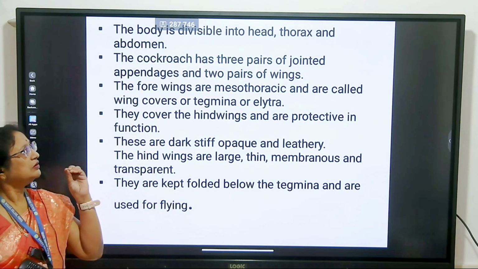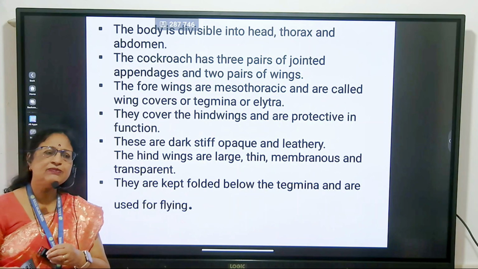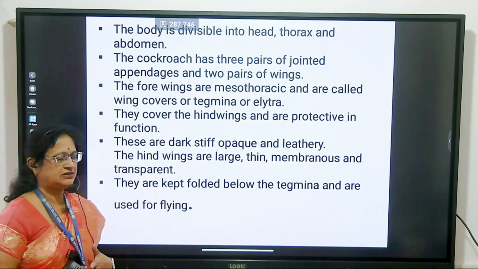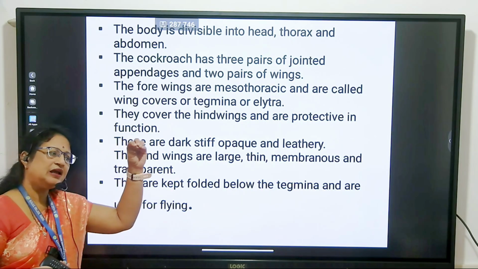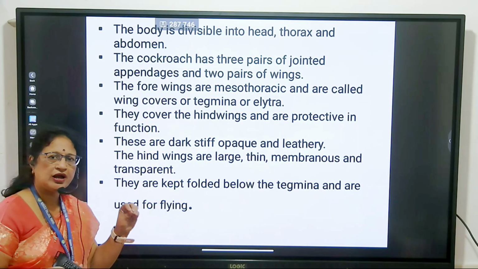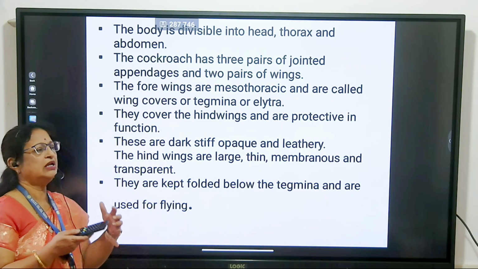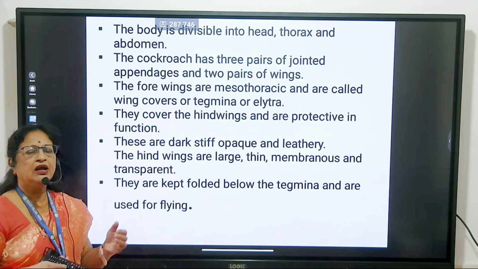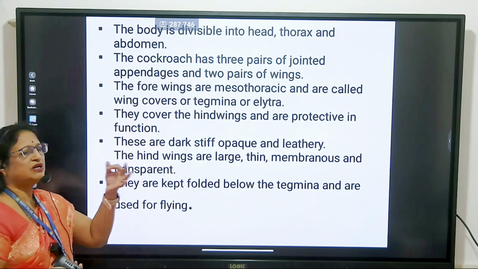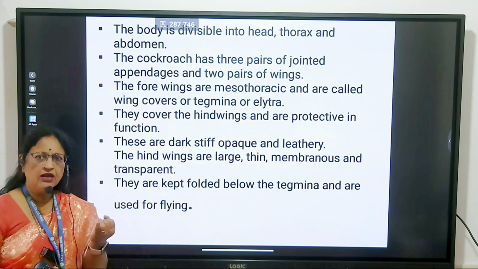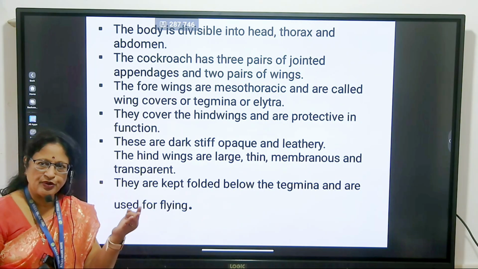Now, the body is divisible into 3 parts. The first part, which is in the anterior position, is called the head. The middle part is called the thorax, and the lower part is called the abdomen. So the body is divisible into 3 parts: head, thorax and abdomen.